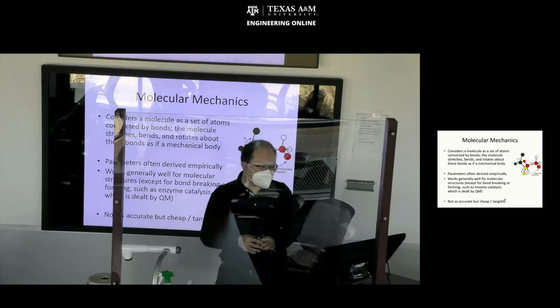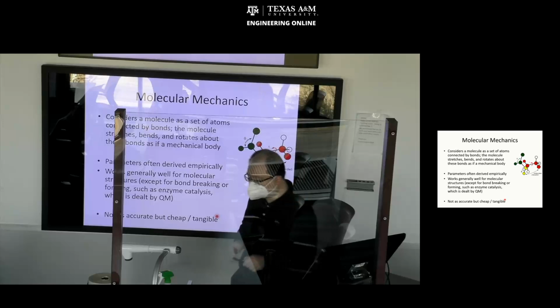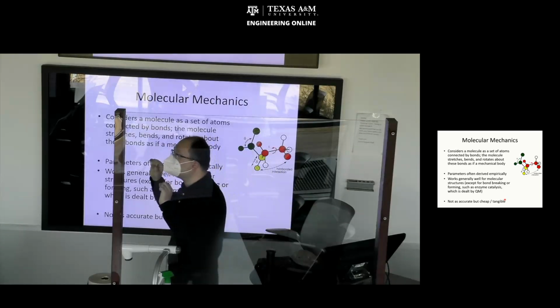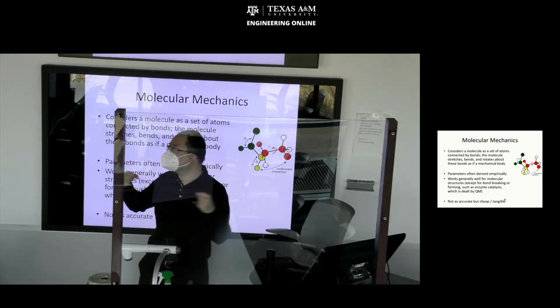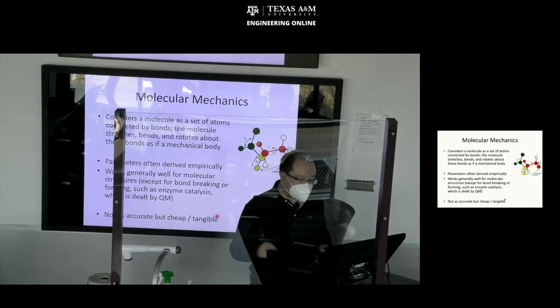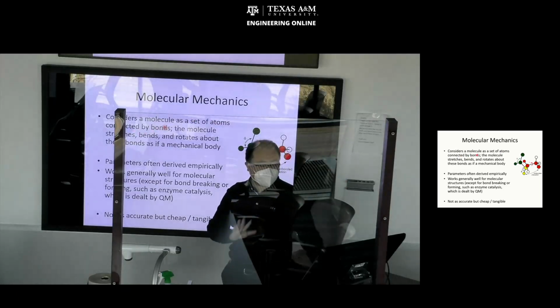So molecular mechanics is saying that, well, can we regard these molecules as if there are a lot of hard spheres, like atoms regarded as hard spheres, and then they are attracted to each other with some forces? So we are regarding them as a lot of hard spheres connected by springs.